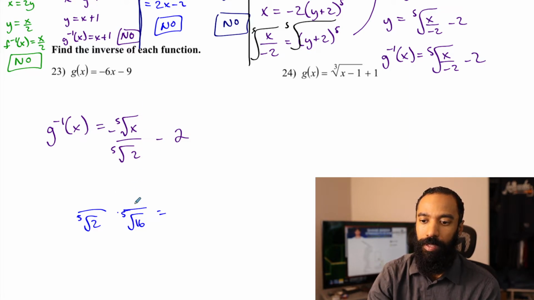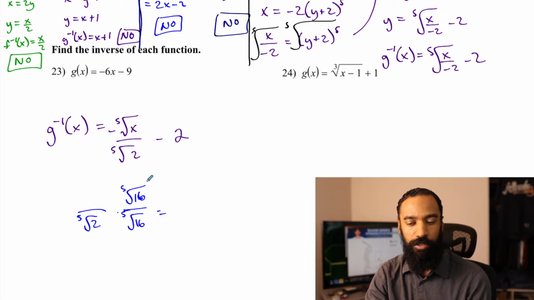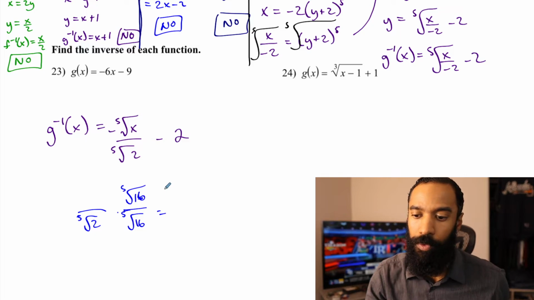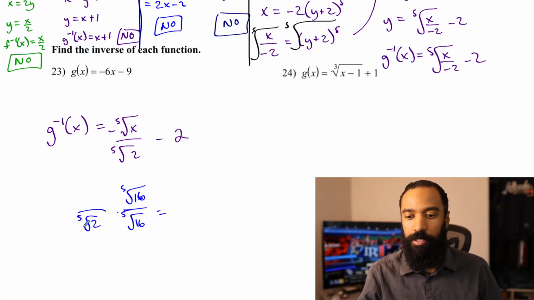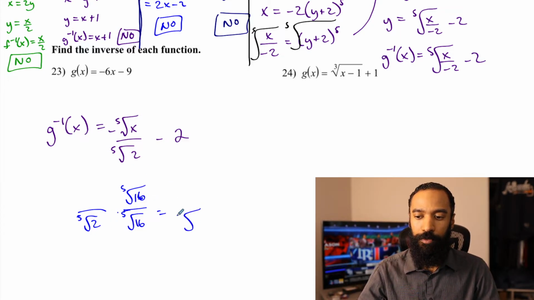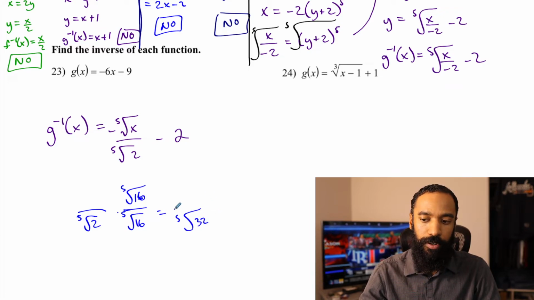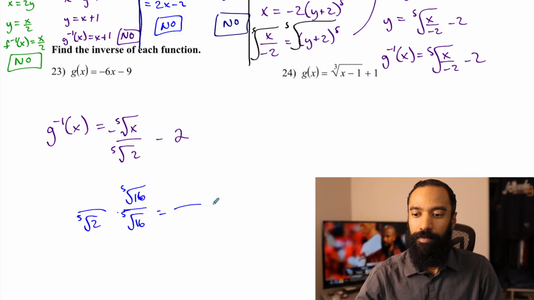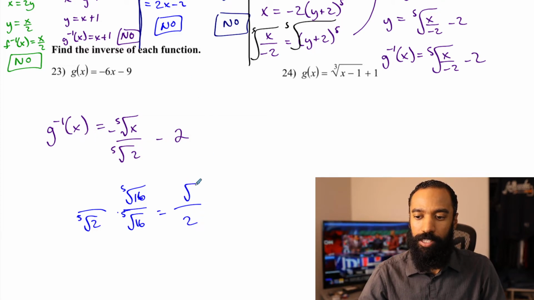There are other ways to talk about it with fractional exponents, but you still have to get this ultimately. The 5th root of 16 can't be simplified. On the bottom, this becomes the 5th root of 32. You know what the 5th root of 32 is? It's 2. So that becomes 2 down here, but on top we have the 5th root of 16 multiplied by everything.